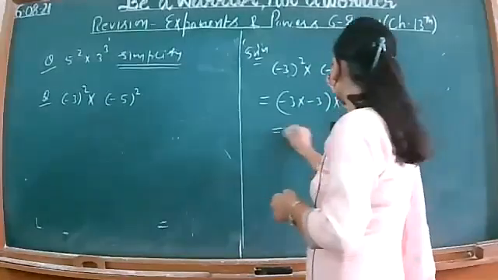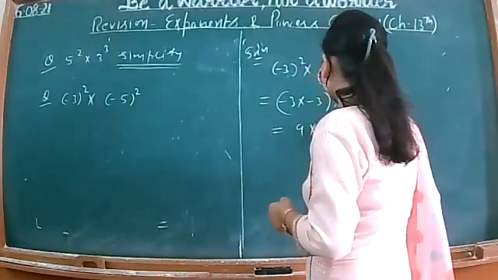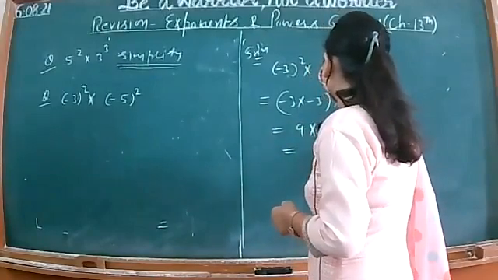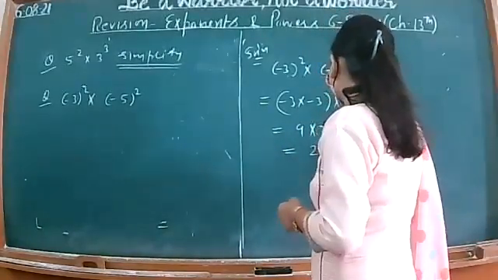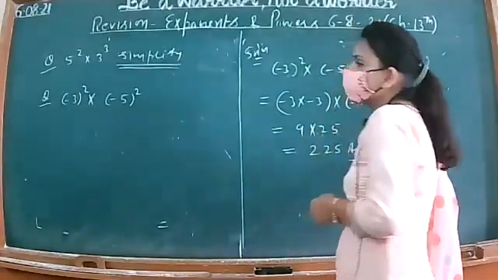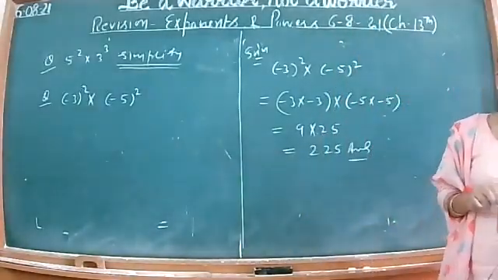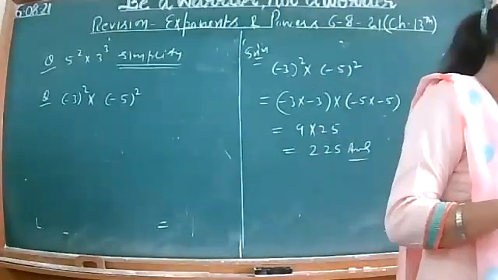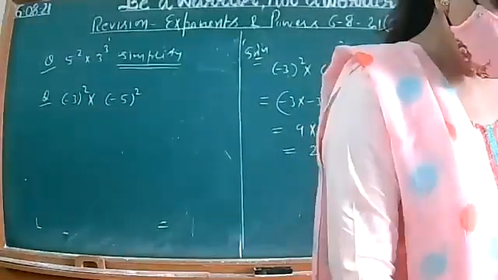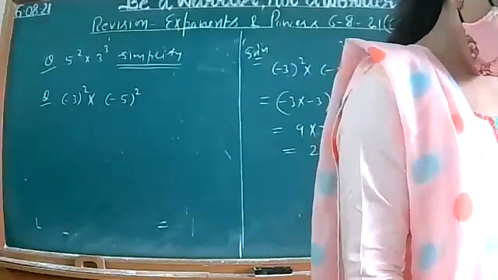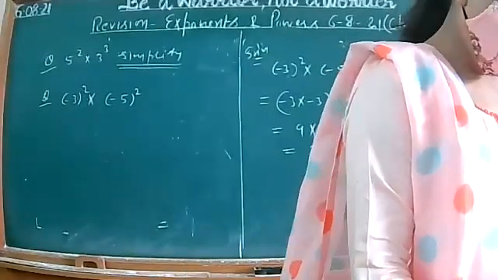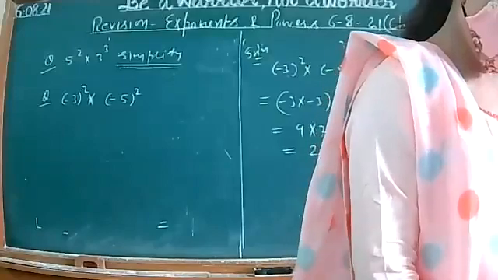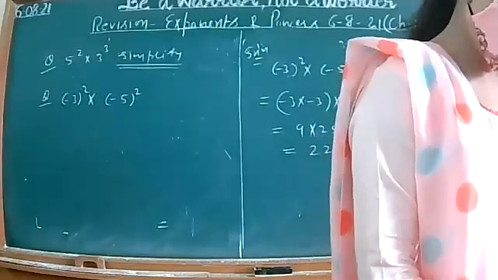This becomes 3 3s are 9, 5 5s are 25. When we are doing simplification, we are just writing the numbers as they are.